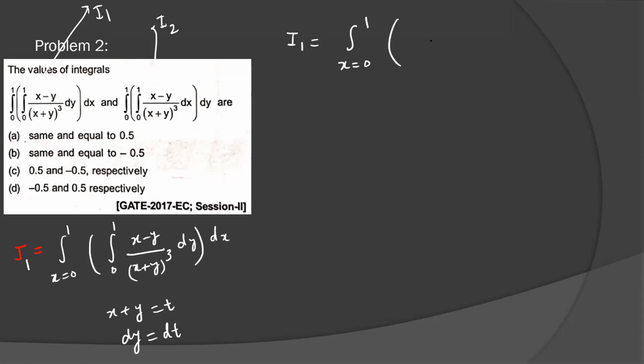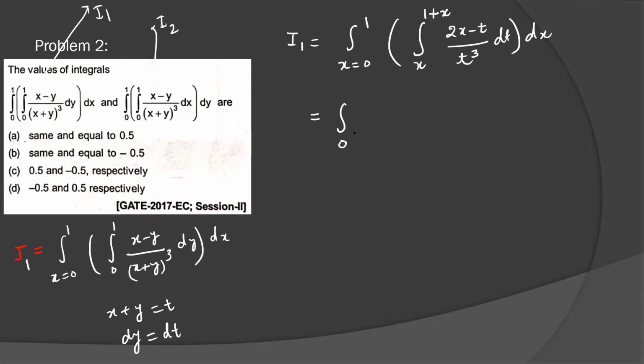I am working in the inside limit only. When the lower limit of y is 0, then the lower limit of t will be x, and the upper limit of t will be 1 plus x, as y equal to 1. The value of y will be t minus x. So ultimately it will become 2x minus t over t cube dt dx.